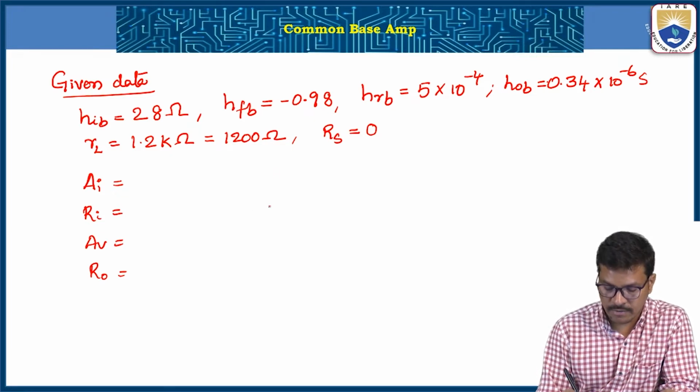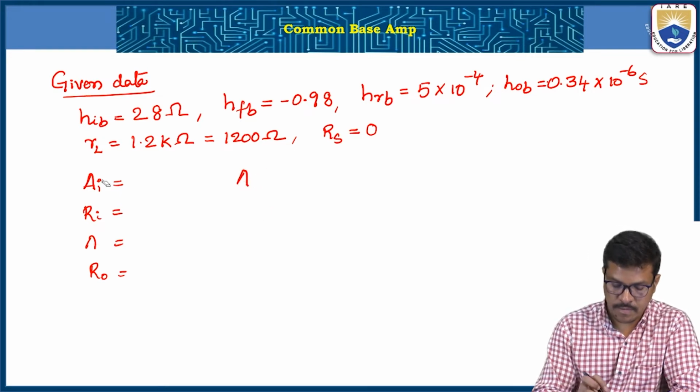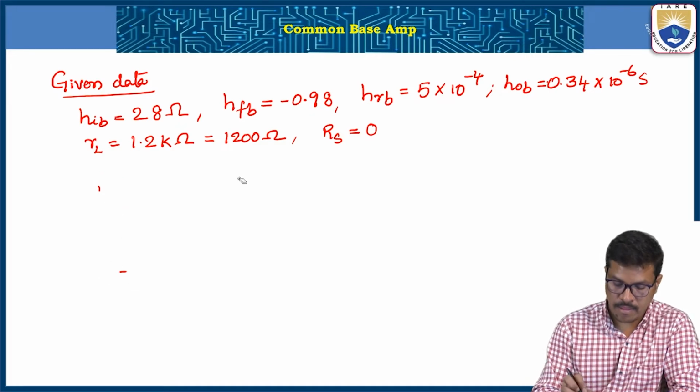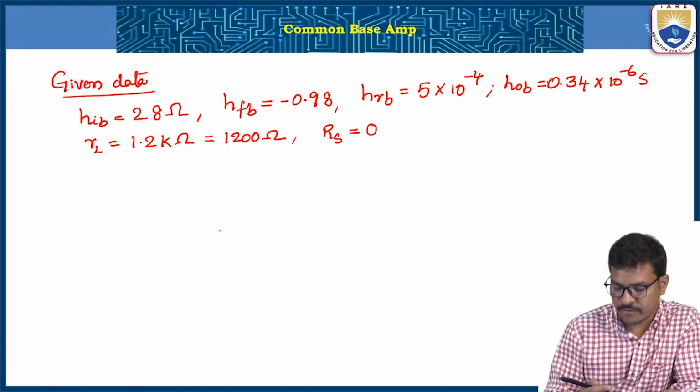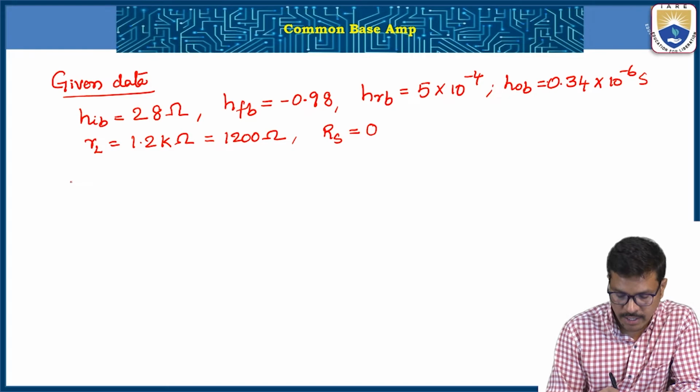Voltage gain, current gain. First of all we'll take current gain, AI.